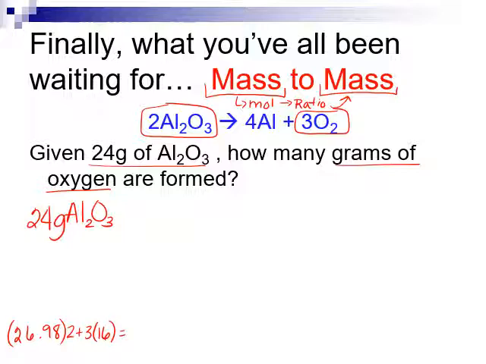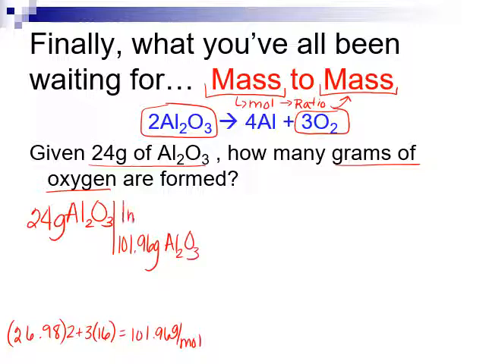So that adds up to 101.96 grams per mole. So 101.96 grams of aluminum oxide in 1 mole of aluminum oxide. You must write everything down just as I have it.